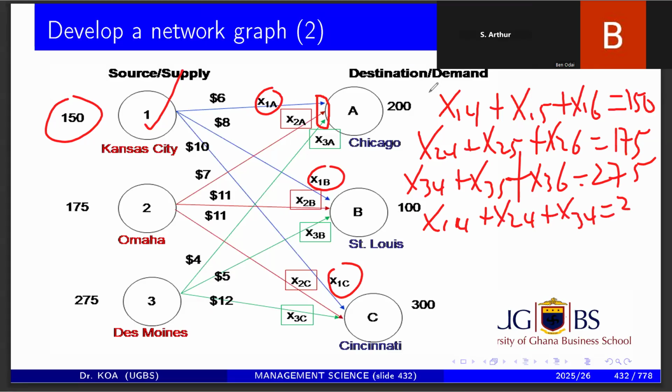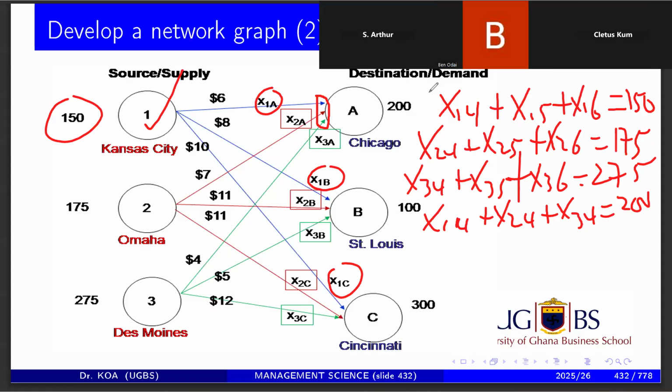Very good. Excellent. That's it. Now, who can give us the fifth one? Remember, you are just looking at the arcs that are coming into that circle. If you've done it well, you should see it with your eye.